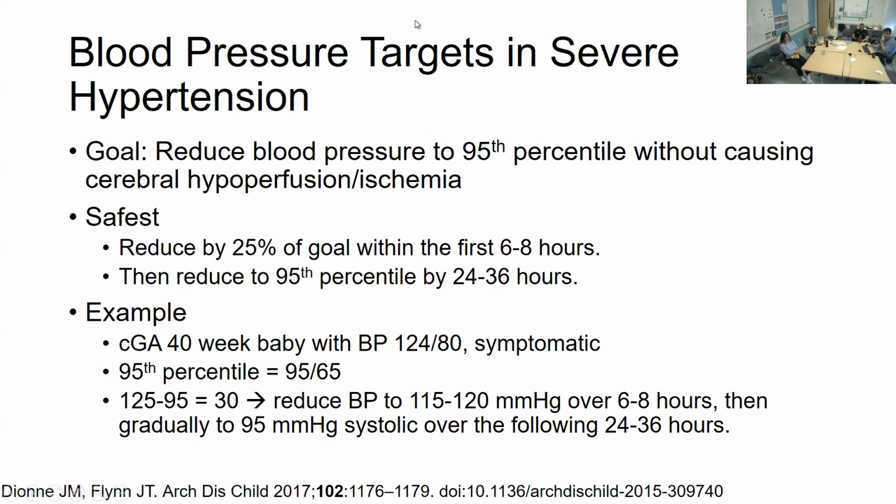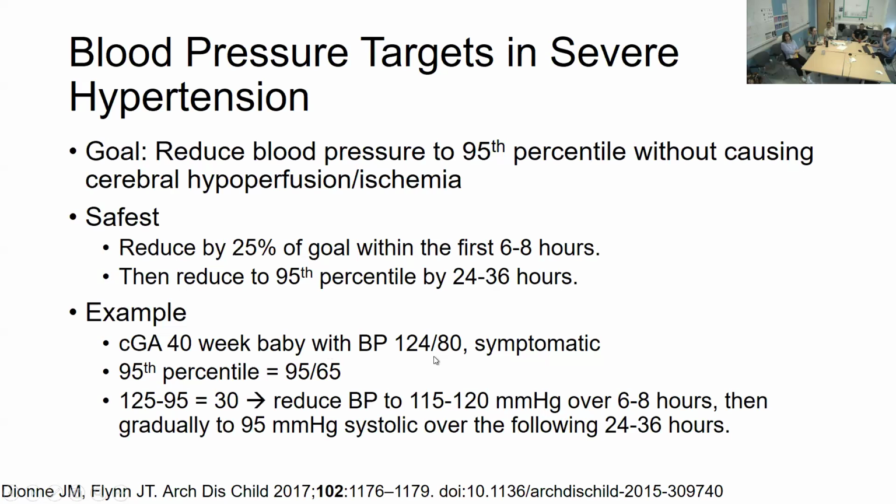And so your goal blood pressure is to get eventually down to the 95th percentile for their gestational age. And exactly like you had said, the first step is to reduce the blood pressure by 25% of your total goal in the first 6 to 8 hours, and then bring it down gradually over the next day and a half to the 95th percentile.